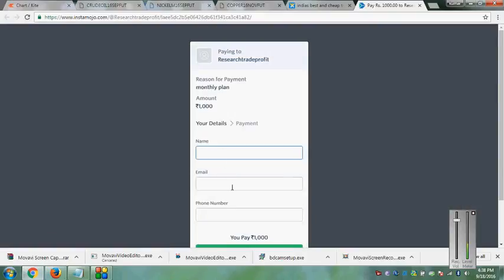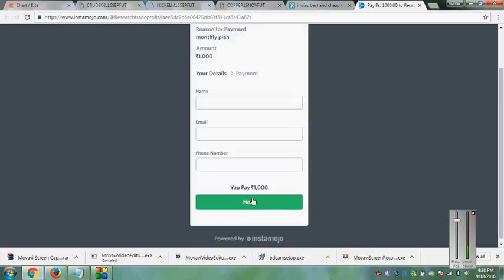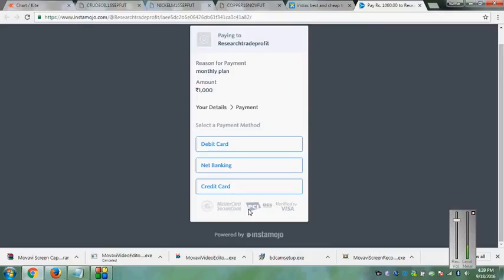Here it will ask for your name, email ID and mobile number. Once you fill in these details, you can click next, and it will take you to your bank details. For example, if you click like this, entering your details, you are paying to Research at Profit.